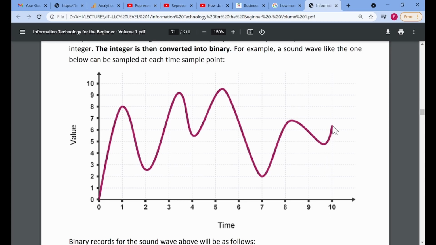Now, at every point in time, a part of the wave will hit the ADC line. So all that the ADC does is to write the height, or the number it got. When this level hits the ADC, the number will be here.